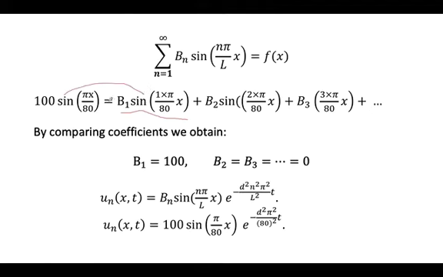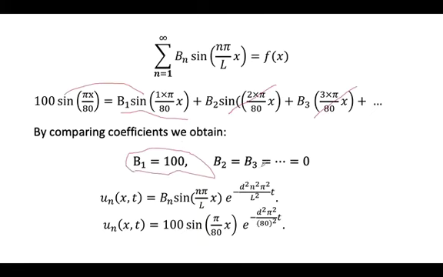As there is nothing else on the left hand side, there is no such term with sine that has 2 pi over 80 in its angle. So we cross this, we delete this, and we finish this. We are left with this one, and obviously the value of b1 becomes 100 here.